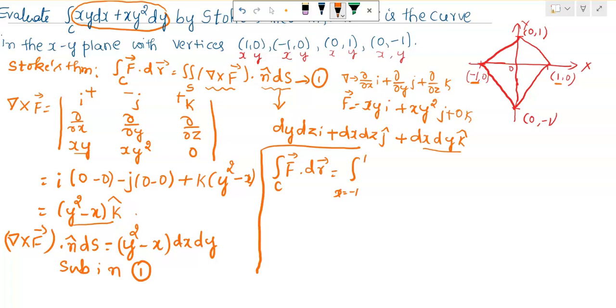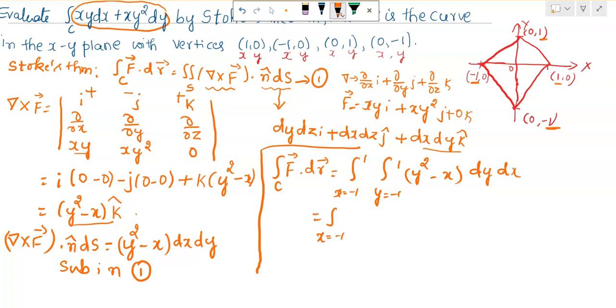Y ranges from minus 1 to what? Plus 1. Y equal to minus 1 to plus 1 because they are given the limit. Okay. So nabla cross F vector dot n cap dS is what we have, y square minus x into dx dy. Here first we have taken dy, so therefore you have to write first dy, later followed by dx.